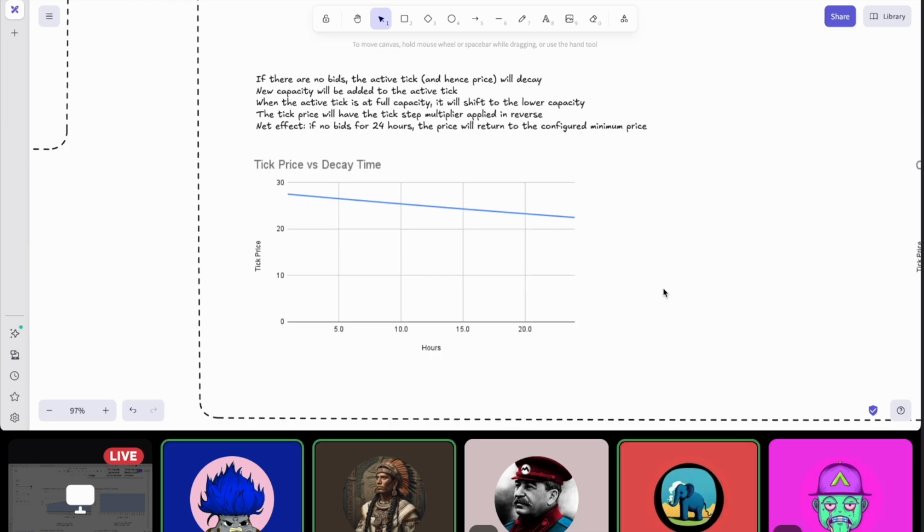What that means is that the auction is responding to market behavior and market demand. If it's too high and no one's interested, it'll drop down until someone is interested. And that's the design, the actions, and the auction mechanism for CDs.